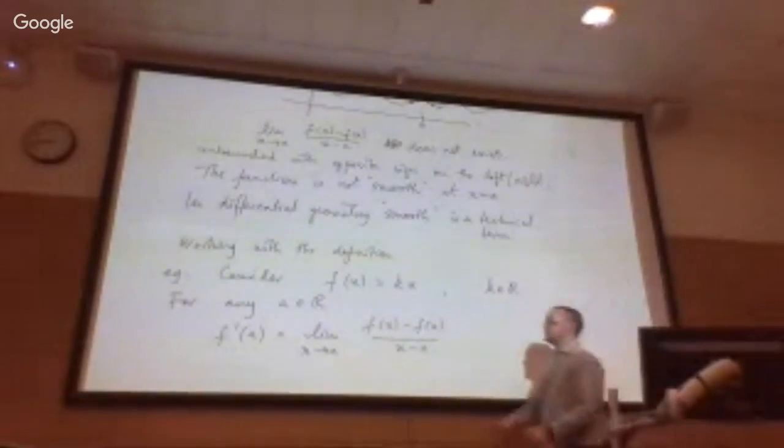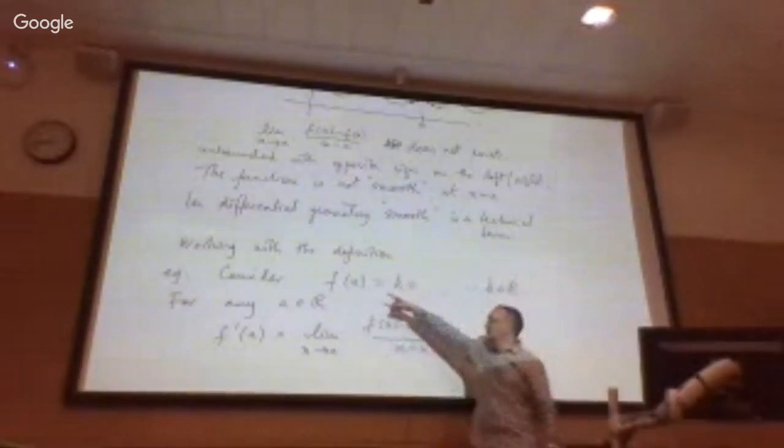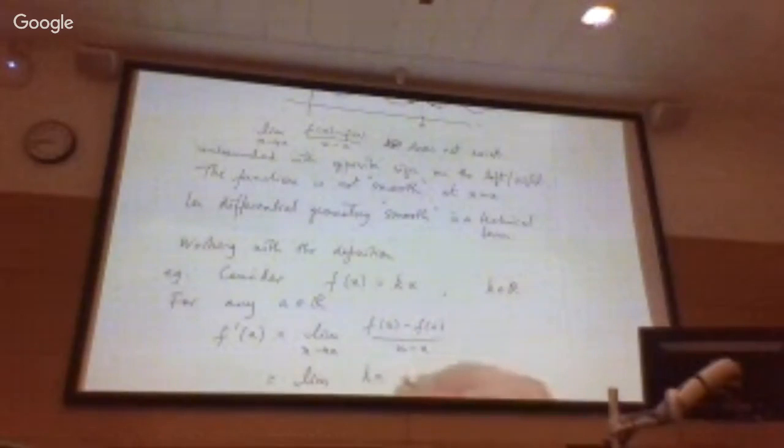But I know exactly what f is. F is k times x. So I've got k times x minus k times a over x minus a.